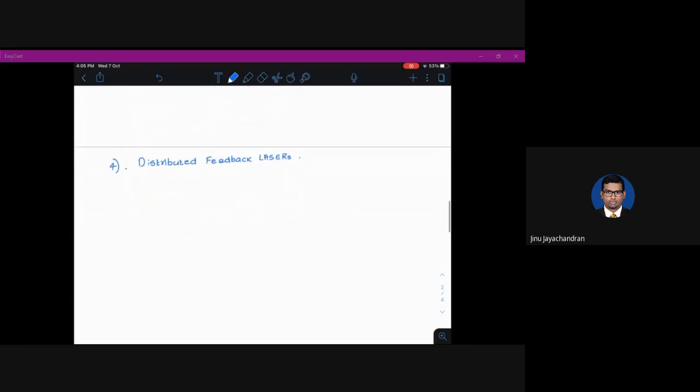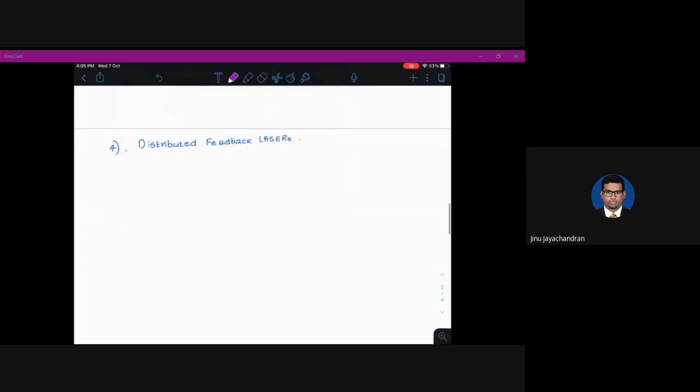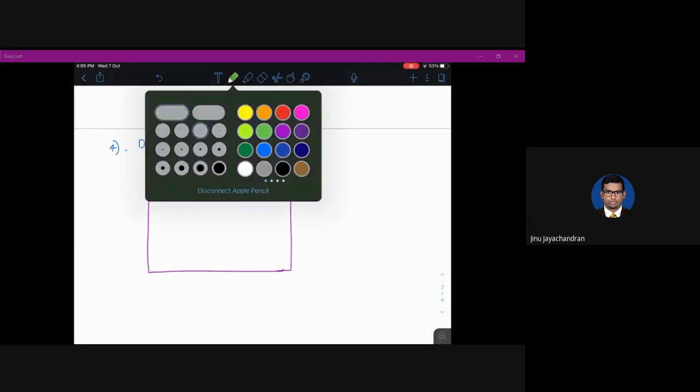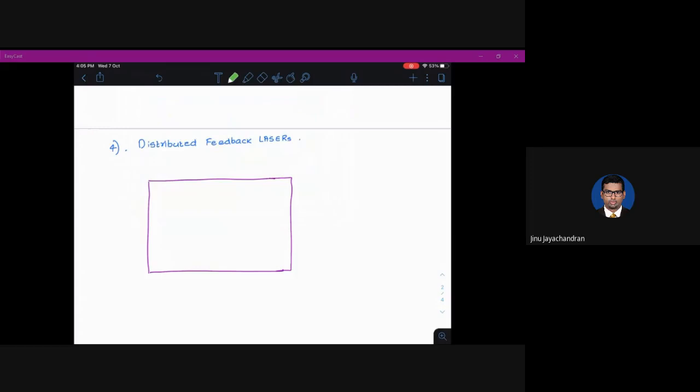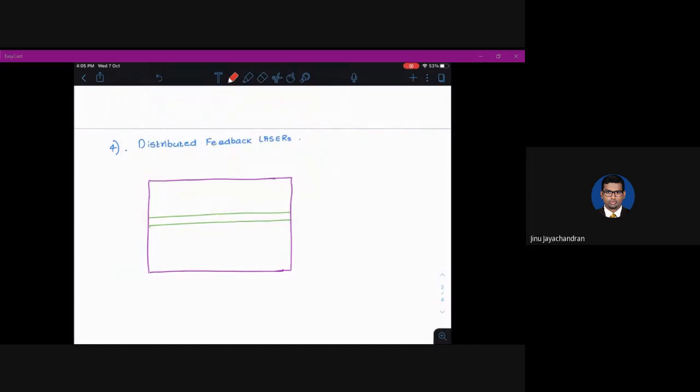First, let me draw the laser structure. In a distributed feedback laser, you have the bulk material. And then you have the active region. And then you have the cladding in a special form.